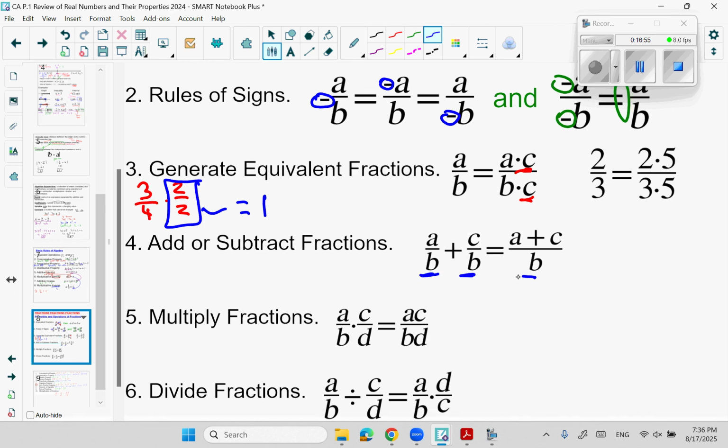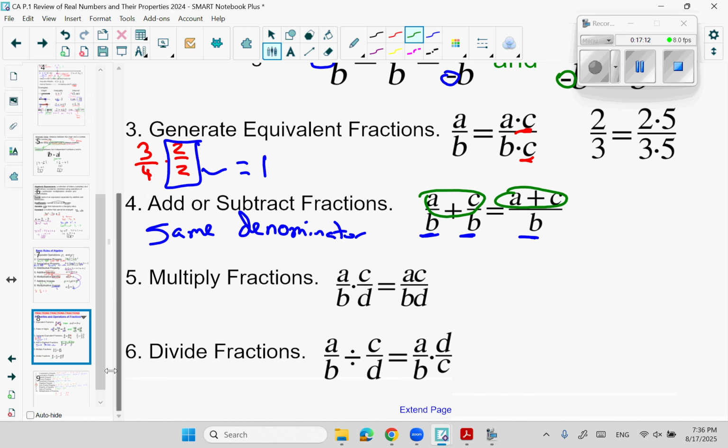Add or subtract values. Remember, you keep the denominator the same as long as you have the same denominator. And you just do the operation with the top values, so A plus C here. Multiplying fractions, we multiply straight across.